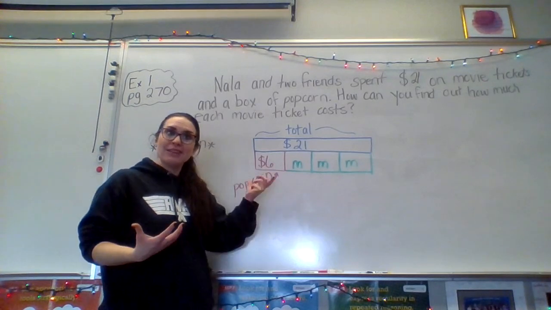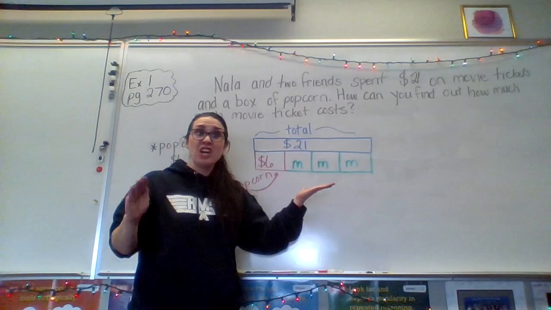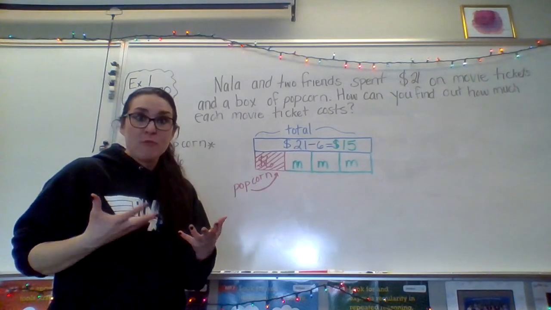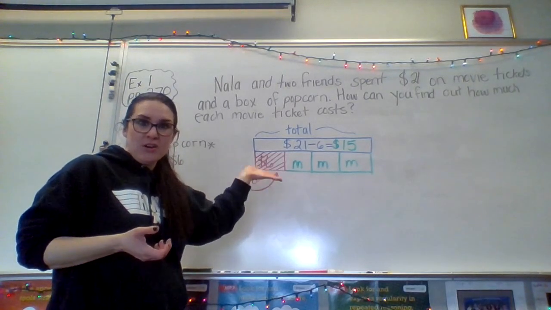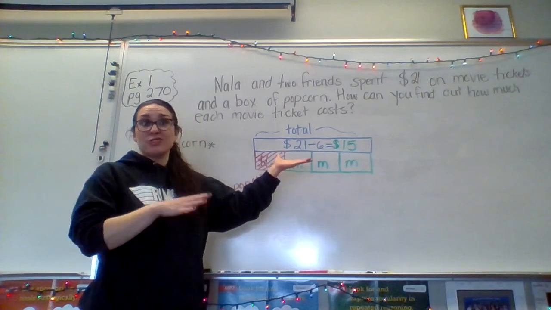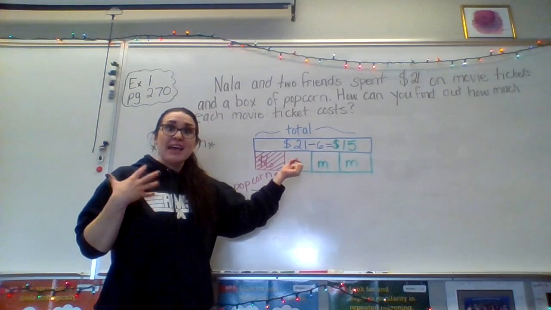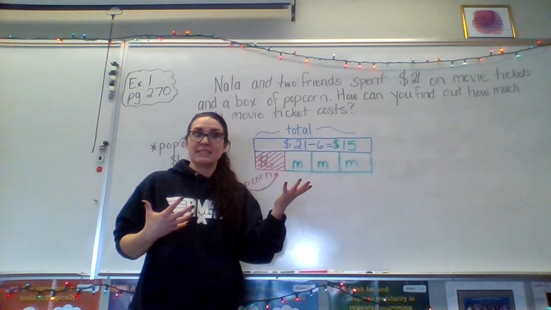So in order to do that, let's take that popcorn away and see how much money they spent just on movie tickets. So now I've updated our bar diagram with some more information. So that $6 for the popcorn, you'll notice I crossed it out because I'm subtracting that amount, right? So we had $21, which was our complete total, but what I did is I took away that $6. And that means that we spent $15 on movie tickets.